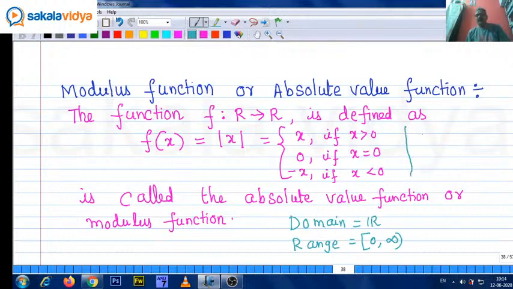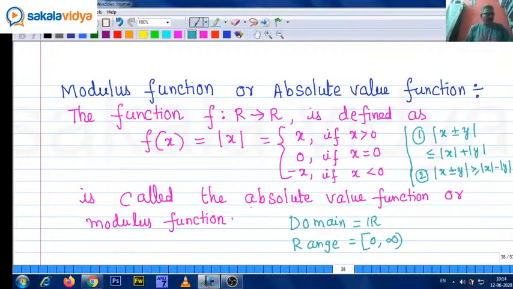First point, mod of x plus or minus y is less than or equal to mod x plus mod y. Second point, mod of x plus or minus y is greater than or equal to mod x minus mod y. This is called the triangle inequality also.